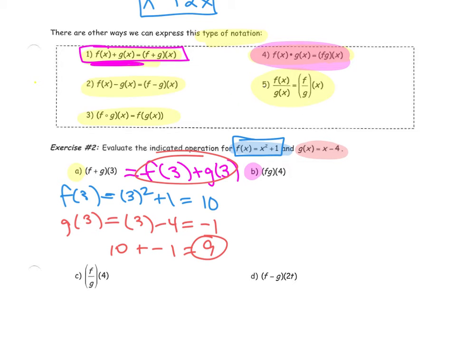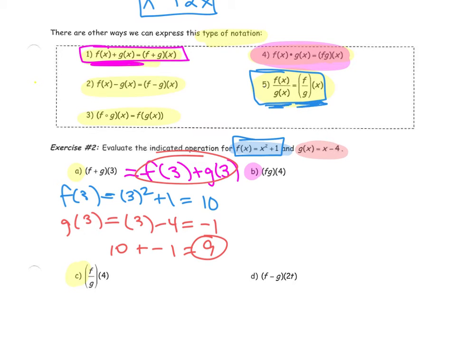We're just multiplying the two functions. We will do letter C together. So now, again, I color-coded them above. Now we want to divide f of 4 over g of 4, because again, that comes from our information up here. So this f of x over g of x is equivalent to this statement.